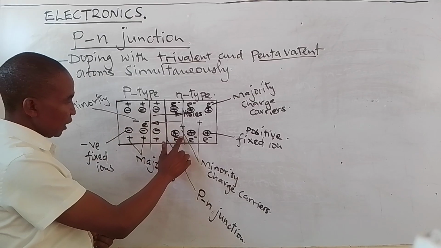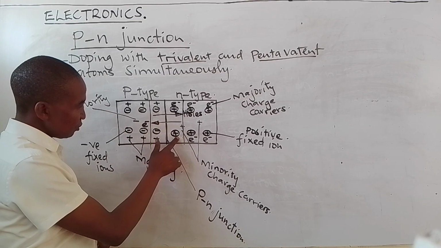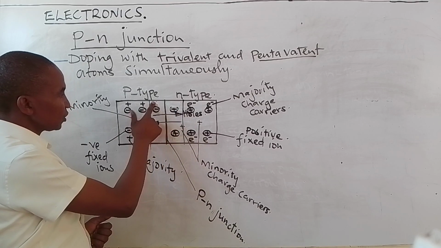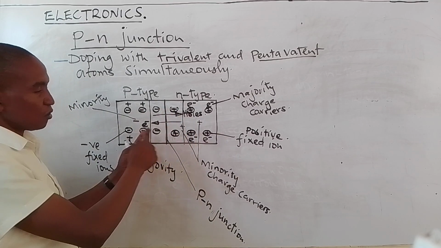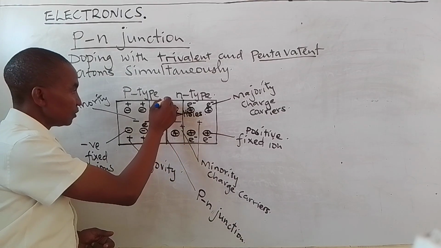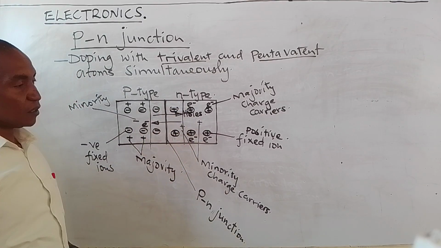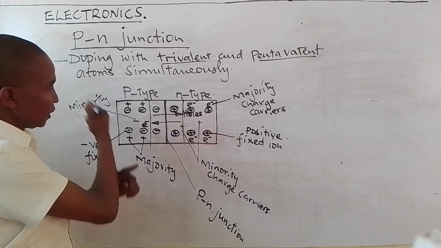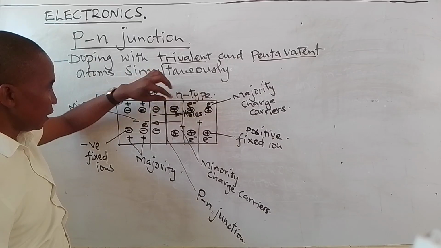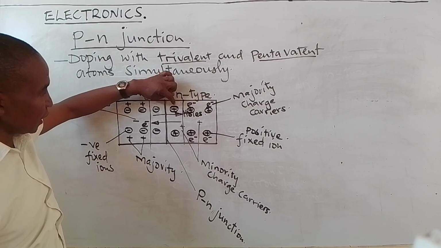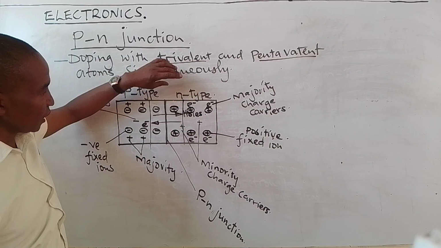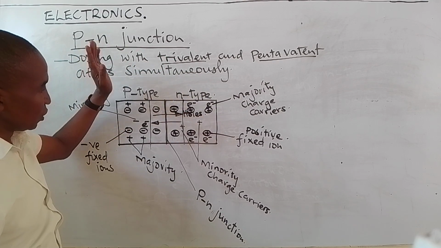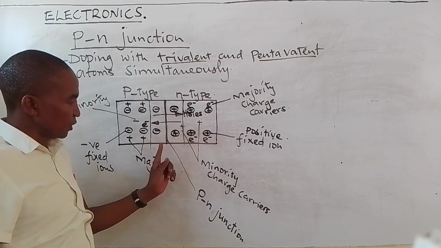We shall reach a point where we shall have no charge to cover some of the fixed ions on either side of the p-n junction, due to depletion of charges. As charges continue flowing, we shall lack charges to cover the fixed ions in the n-type region and those in the p-type region on either side of this p-n junction.